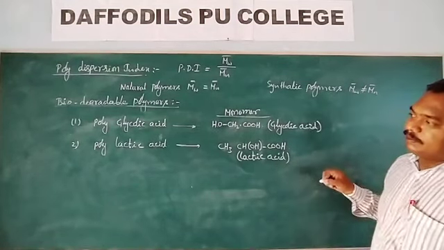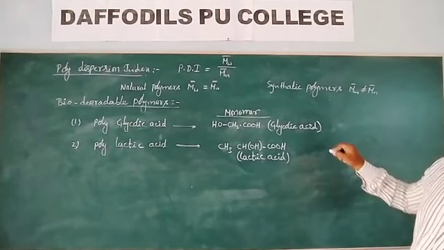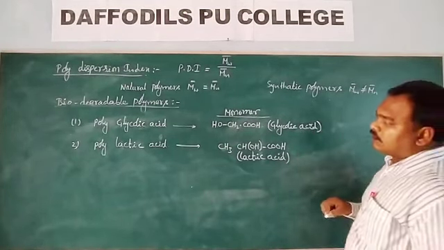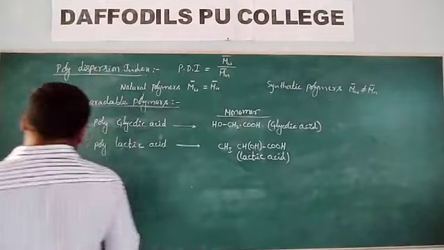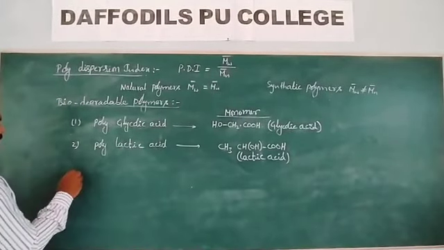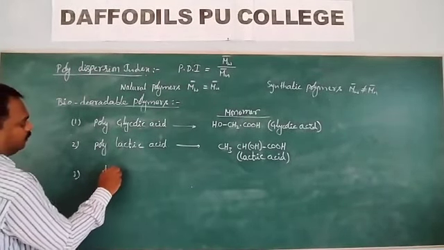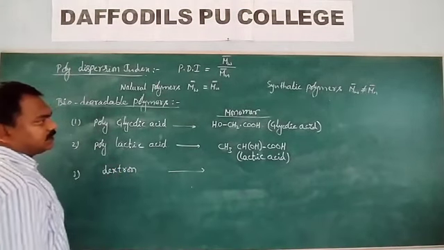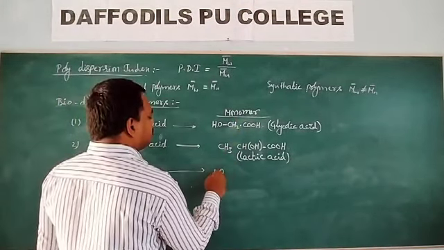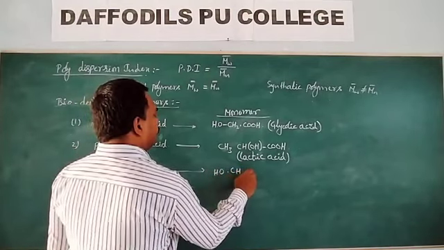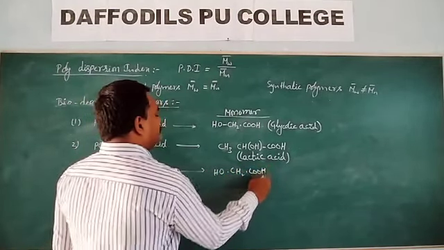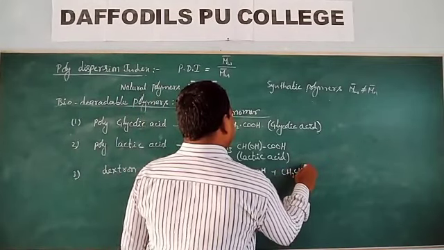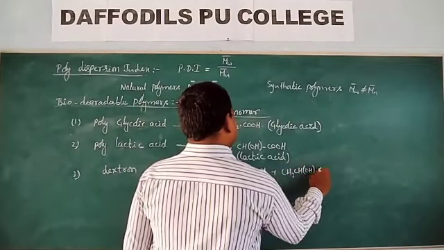These two monomers combined are used in the manufacturing of dextron. This dextron contains two monomers, glycolic acid and lactic acid.